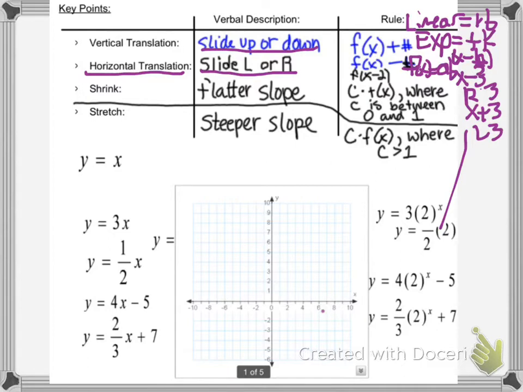Alright, let's look at shrink. Shrink, flatter slope, where c is between 0 and 1.